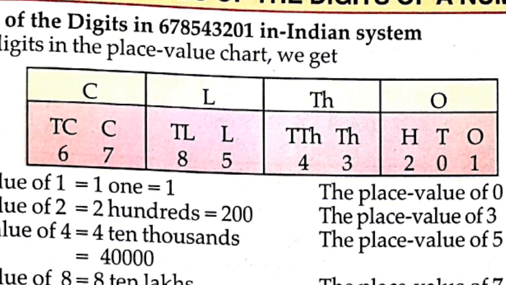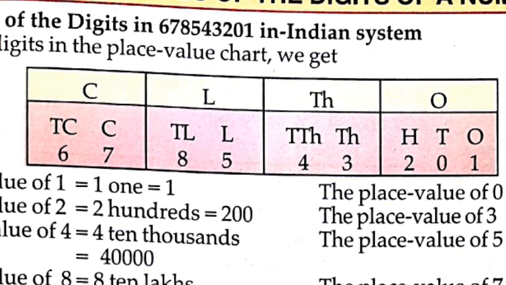Next see the 10 lakhs column, the number is 8, 8 into 10 lakh equal to 80 lakh. Then in the crores place the number is 7, so the place value of 7 is 7 crore. In the 10 crores column, the number is 6, so the place value of 6 is 6 into 10 crore equal to 60 crore.